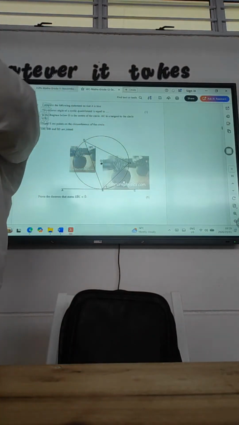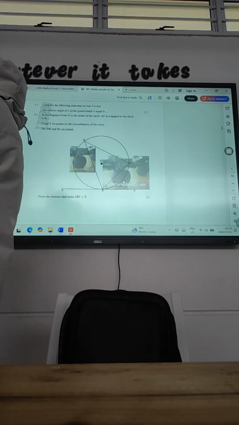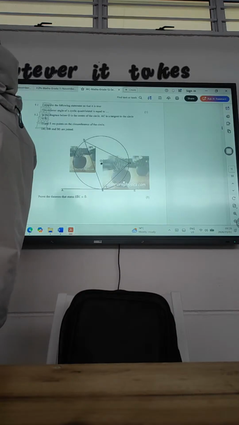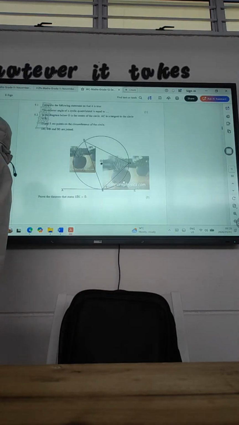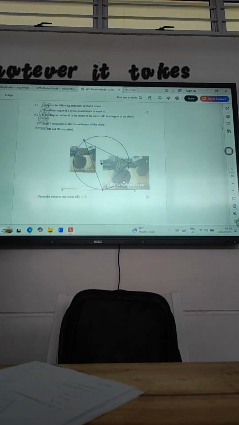Look for that question. I think it's Western Cape. If we find it, this is now the test, one resource paper.